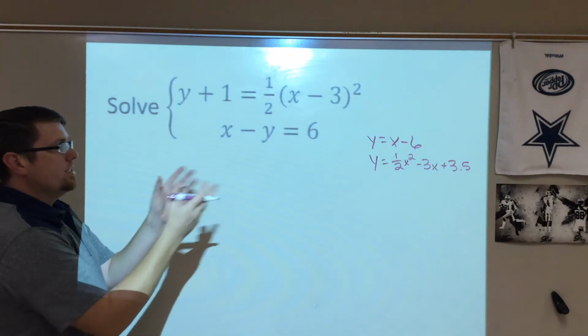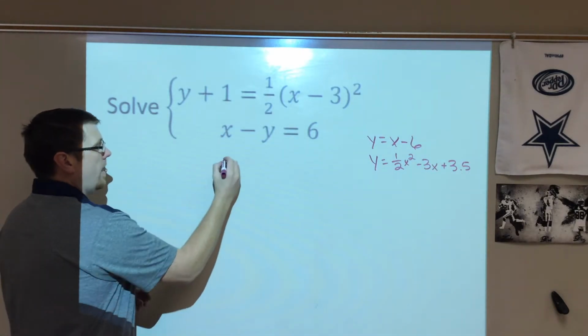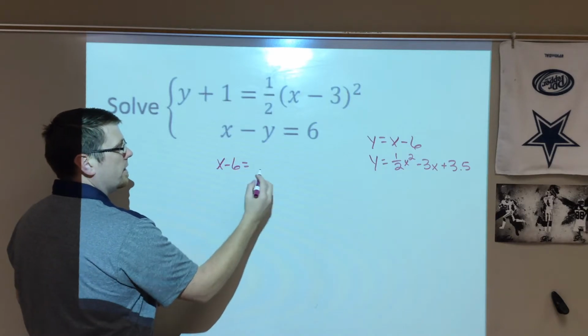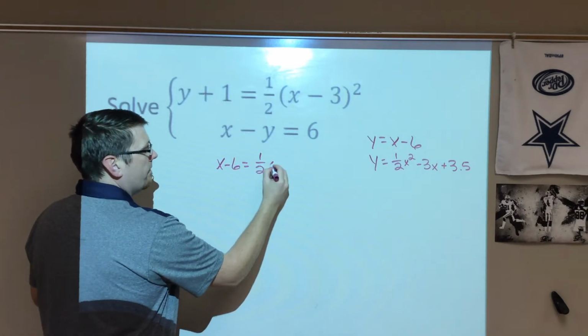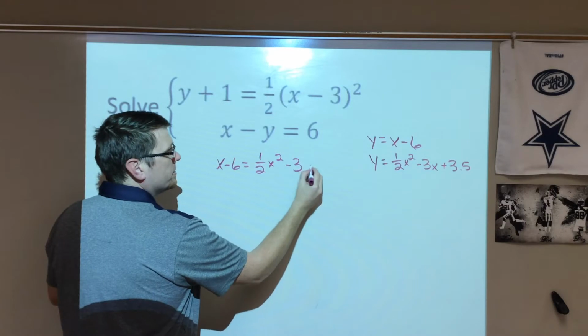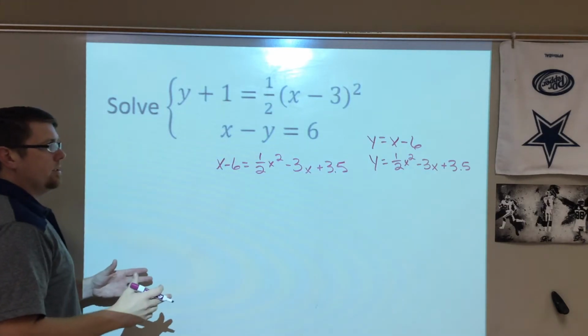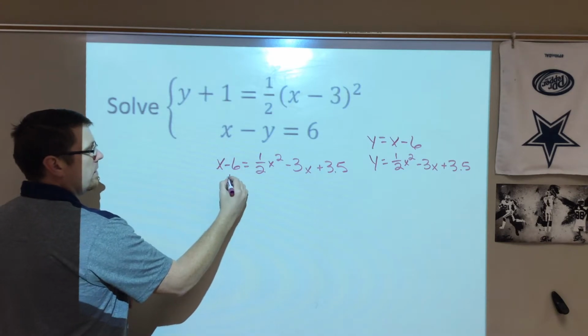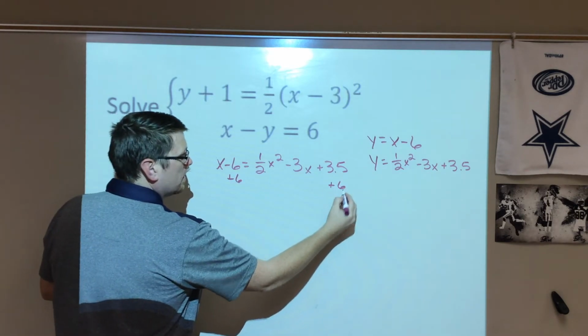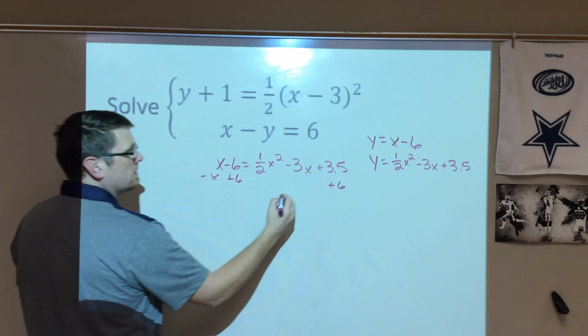Now again, I want to see where these two graphs are the same, so I'm going to set them equal to each other. 1/2 x squared minus 3x plus 3.5. Now I'm going to look for the solutions to this graph. So I'm going to add 6, and I'm going to subtract x.